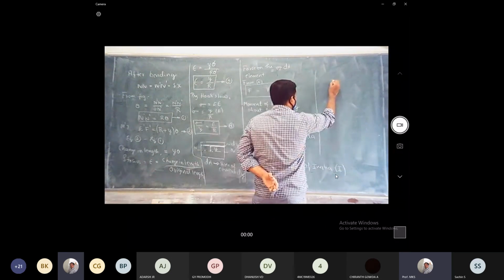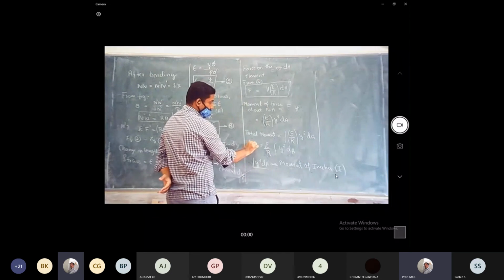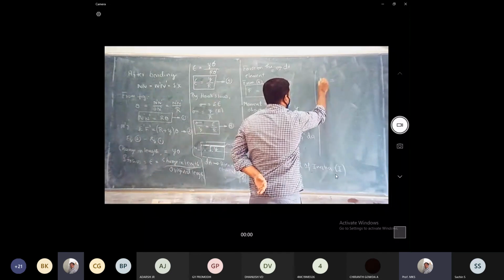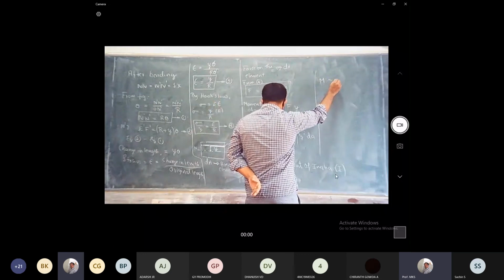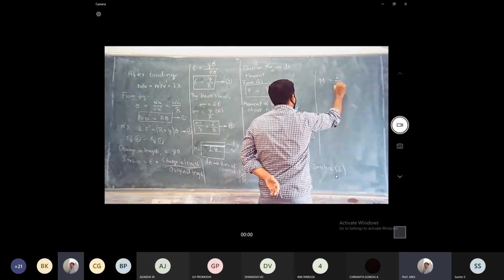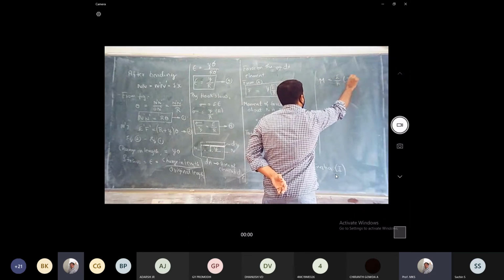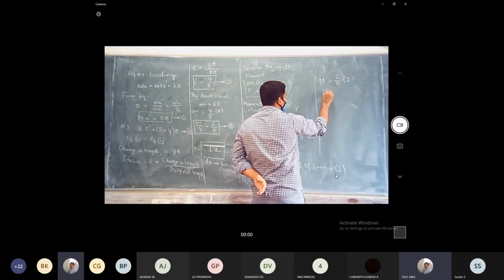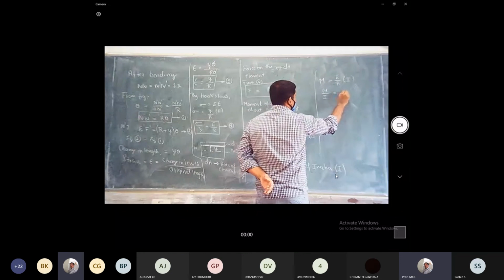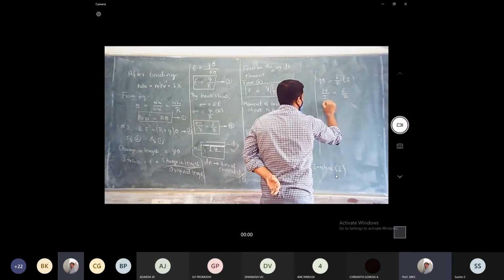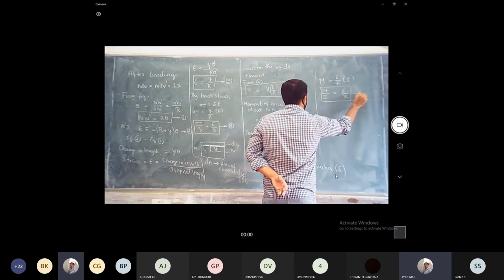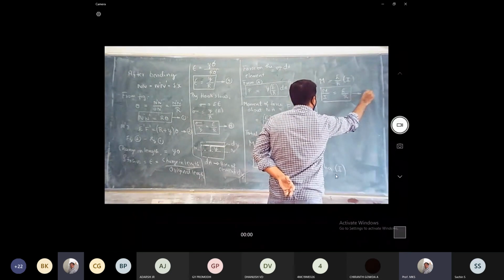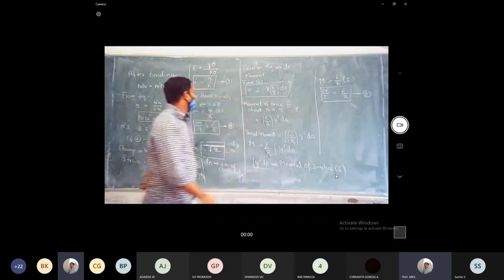The total moment is given by capital M. So M is equal to E by R into I. Or you just rearrange, M by I is equal to E by R. Call this equation 5.